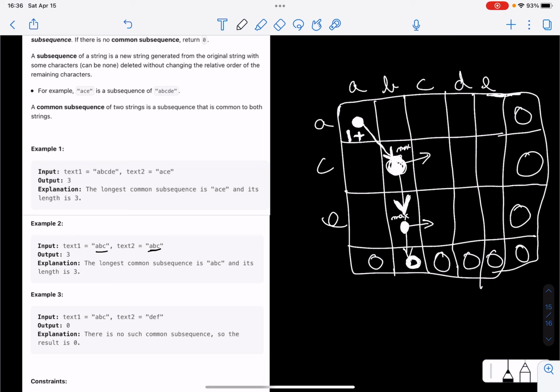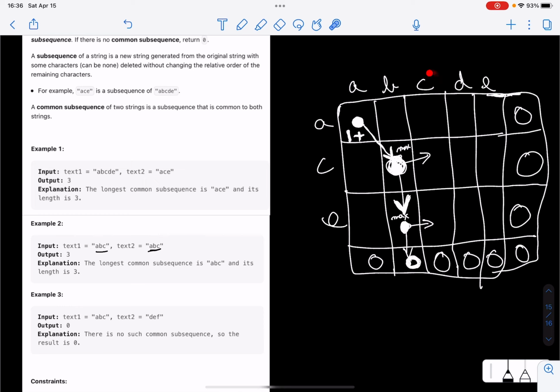We come back to where we were. So we were at E over here. Now, since E and B are not equal, we'll find the max of the longest common subsequence over here or over here. So for this location, being at this particular location means finding the common subsequence between E and CDE.